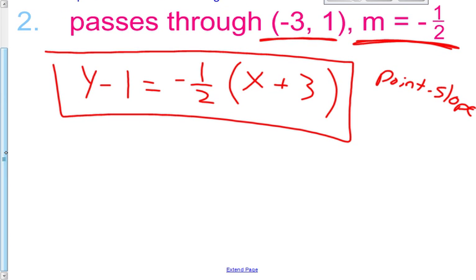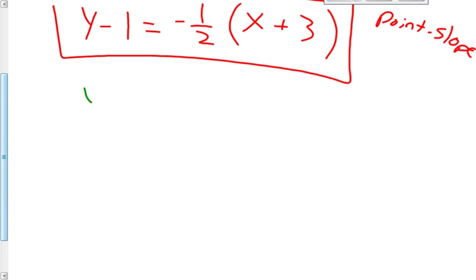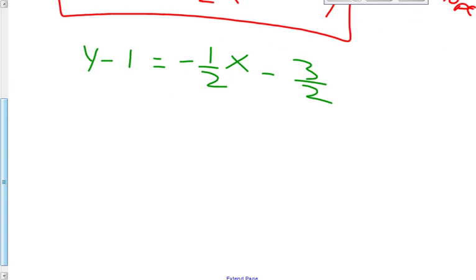Alrighty, your next one, you want to get into slope-intercept form. So what you're going to do is distribute first to get y minus 1 equals a negative half x minus 3 halves. And then you have to get y all by itself, so you're going to add 1 here to the left, and then add 1 here to the right.